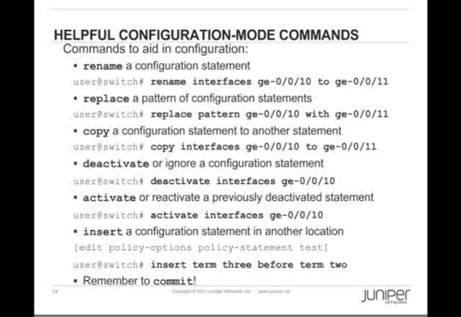And Ahmed is asking, does deactivate activate need a commit command? Yes, it does, to take effect. If you look within the Junos configuration hierarchy, you will see deactivate wherever you actually do that deactivation, and you can do it pretty much at any level within the hierarchy.